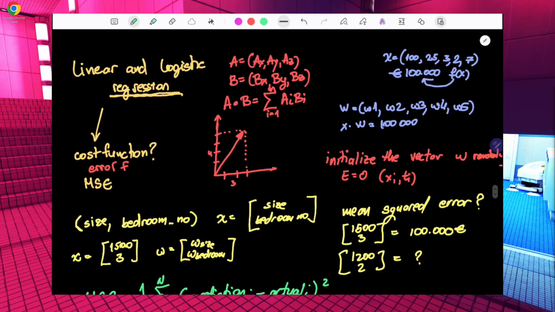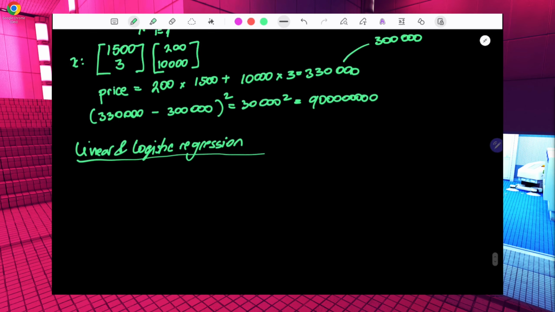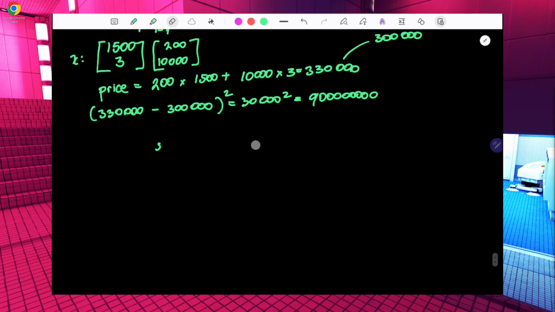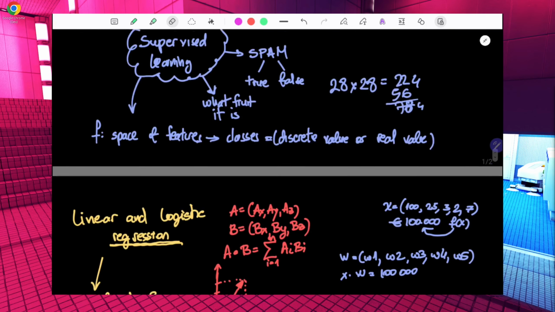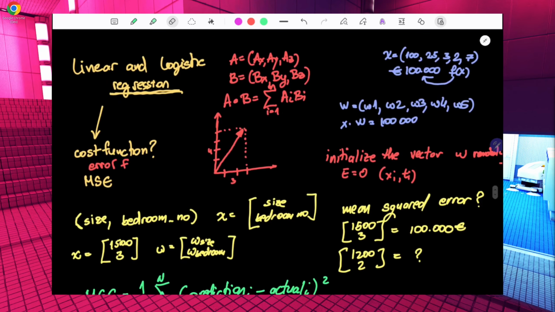Oh, I have it here, so I don't need to write a new chapter. So I'm just gonna walk over this from here. There are certain features of the house, such as the size of the house, the age of the house, the number of bedrooms, the number of floors, location, stuff like that.